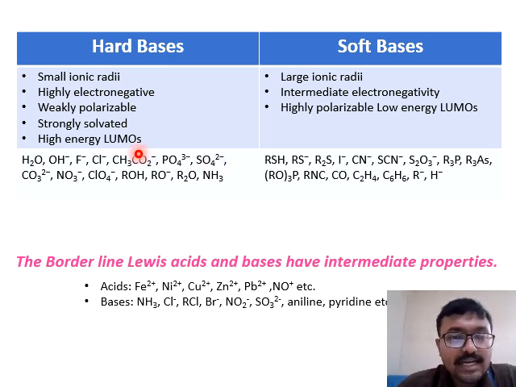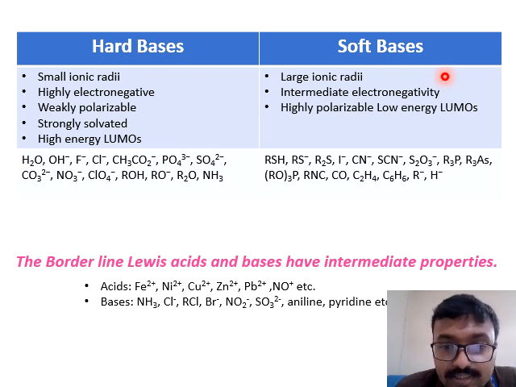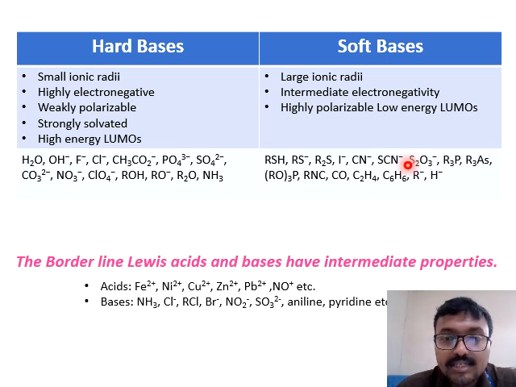These are examples of hard bases. Soft bases have larger ionic radius, intermediate electronegativity, high polarizability, and low energy orbitals. Examples: RSH, RS minus, R2S, I minus, CN minus, SCN minus are examples of soft bases.